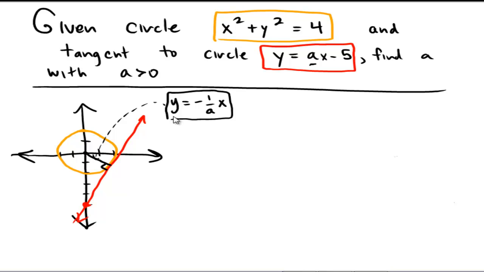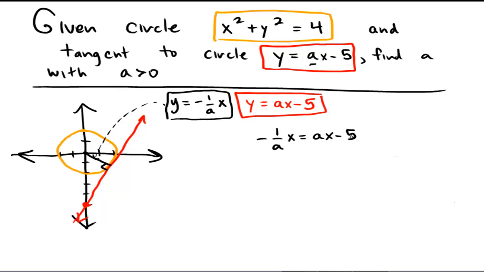We're going to take that and intersect it with the red line, which was y equals ax minus 5. Since they're both already isolated for y, we're going to set them equal to each other. So we're going to get negative 1 over a x equals ax minus 5.